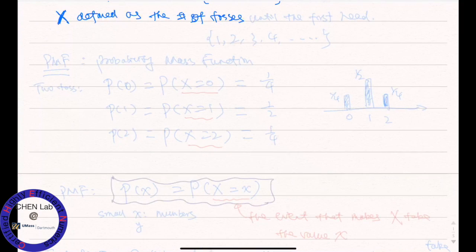In this case, X takes values 1, 2, 3, 4, on and on. So there are countably many values. That's also discrete, and we'll spend quite some time studying this case later.